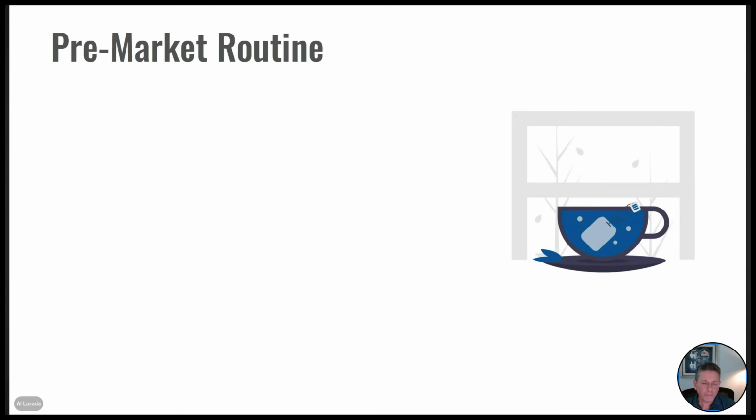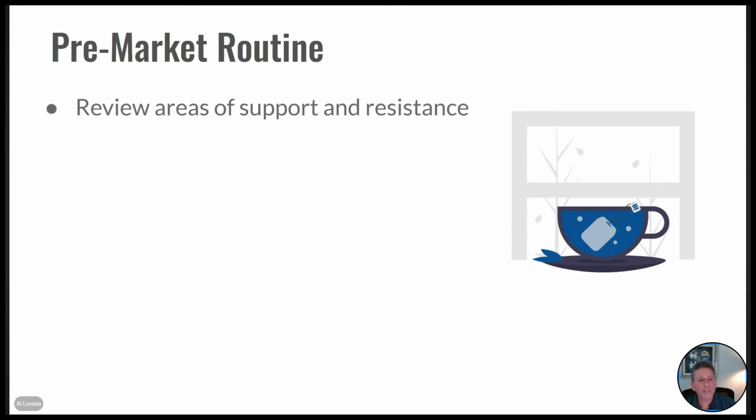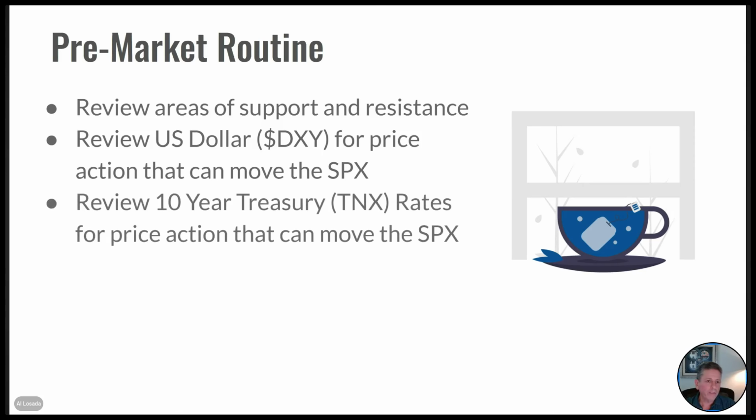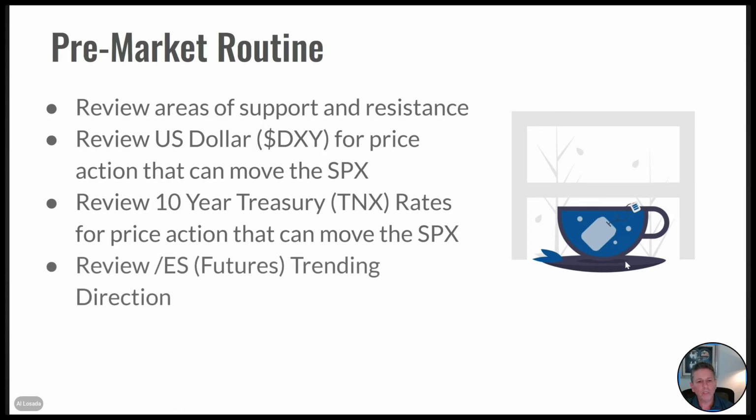Pre-market routine. This is something that I've done for years and years. I look at areas of support and resistance, where it's going to be. I use the dollar broadly, and treasuries as well, because the dollar forces you to constrain, since there are cross currents with that, and it blocks with the dollar.